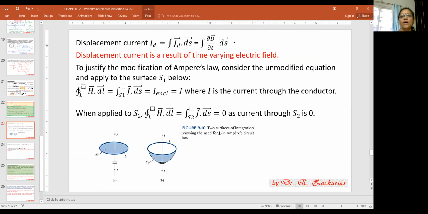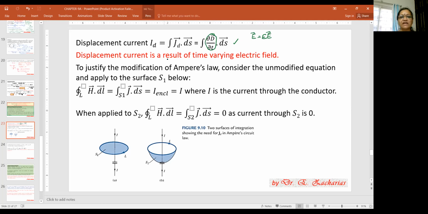Now, why is this equation important? It is trying to tell you something. This equation says that whenever there is a time varying electric field, where D is equal to epsilon E, the result will be the displacement current.